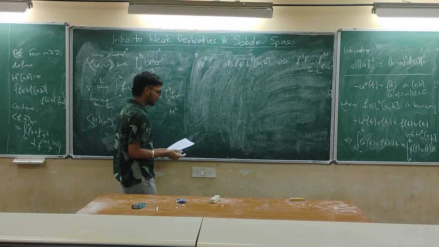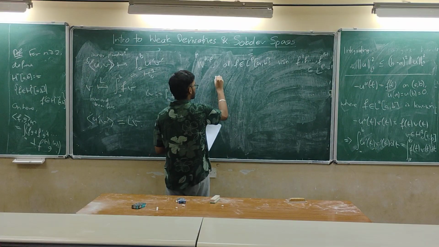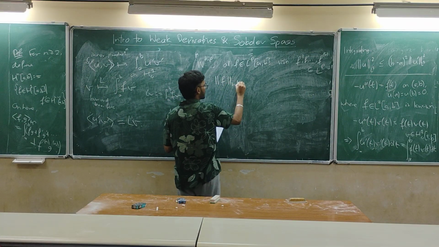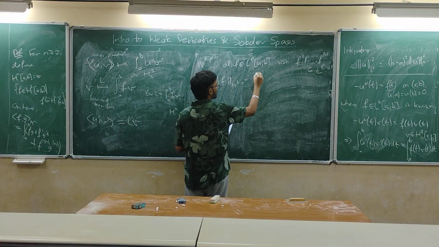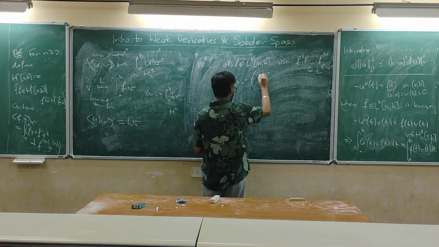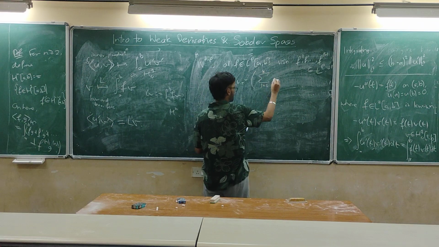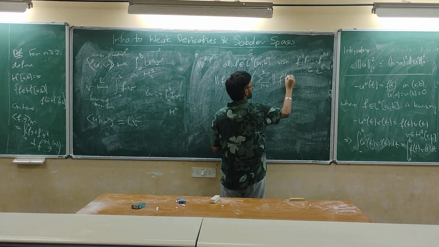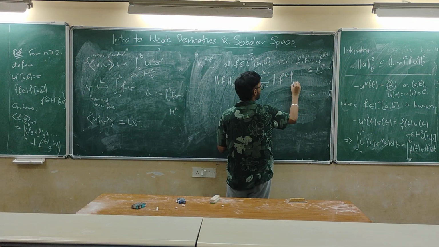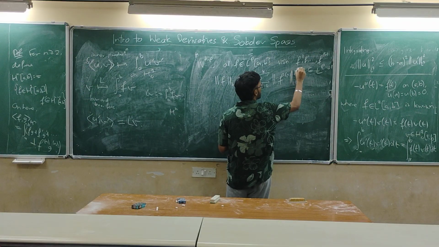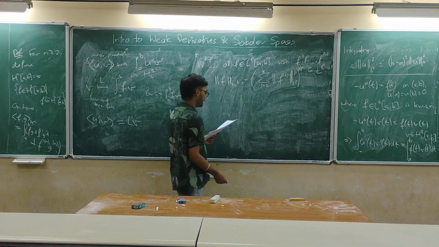This is also a closed linear space, and the norm here is defined as the summation from j equals 0 to k of the L^p norm of all the weak derivatives up to kth order, to the power 1 by p.